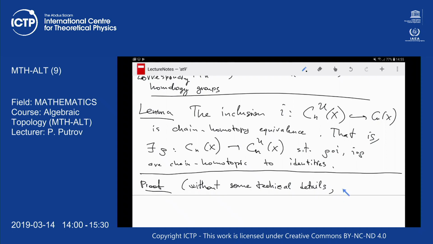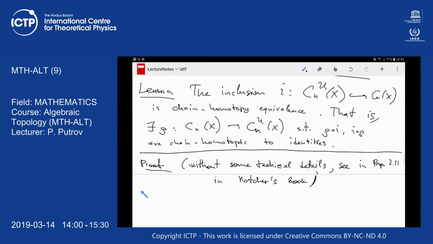If you want to see the details, you can see the more detailed proof in proposition 2.1 in the lectures. But this will not be used anywhere later in the course, so you shouldn't worry about it. If you are really interested, you can look there.